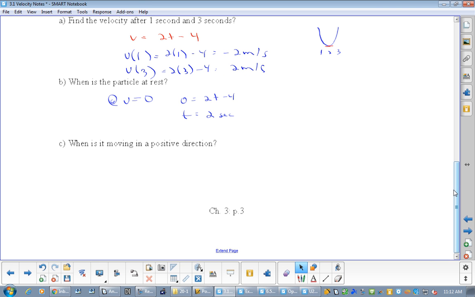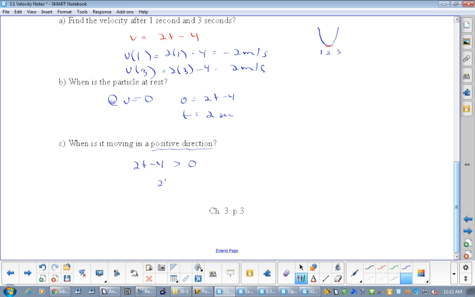Now, when is the particle moving in a positive direction? Yep. We don't know that for sure, do we? Yes, we do know that for sure. Okay, but let's see when is 2t minus 4 greater than 0.